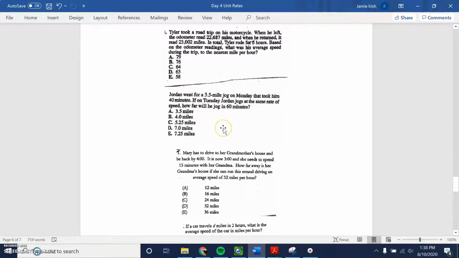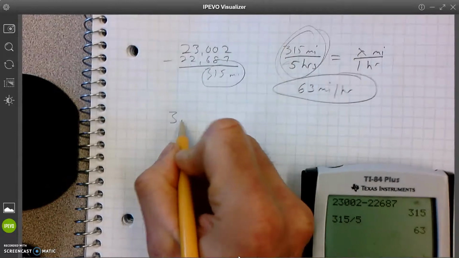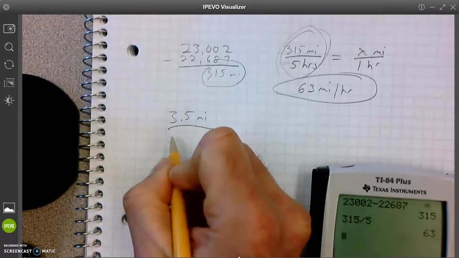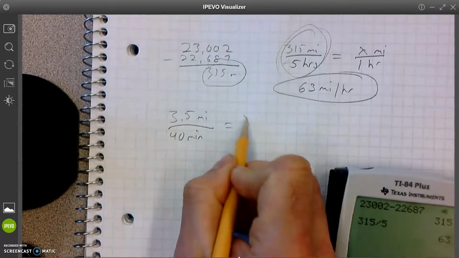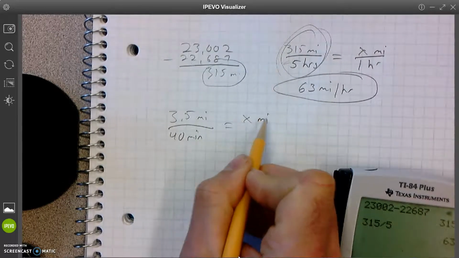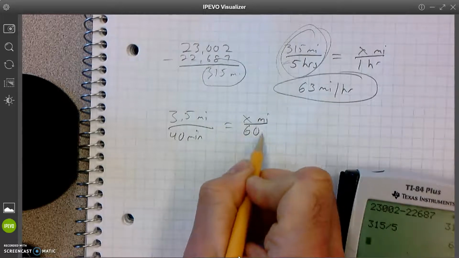Okay. Number 2, Jordan went for a 3.5 mile jog on Monday and it took him 40 minutes. If on Tuesday Jordan jogs at the same rate of speed, how far will he jog in 60 minutes? Okay, so let's get to our notebook. So it's 3.5 miles he went in 40 minutes. He went at the same rate for 60 minutes.